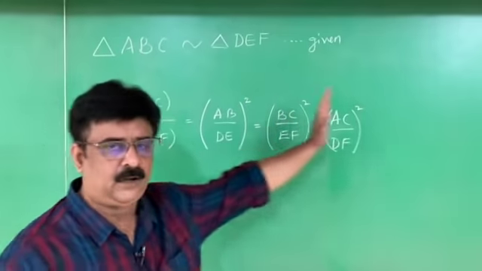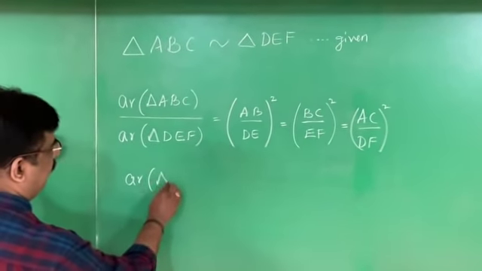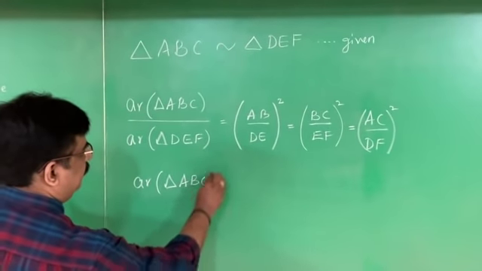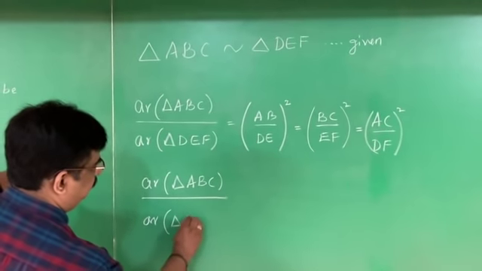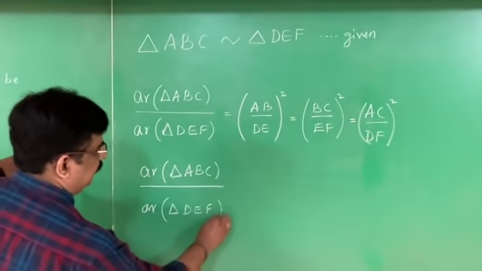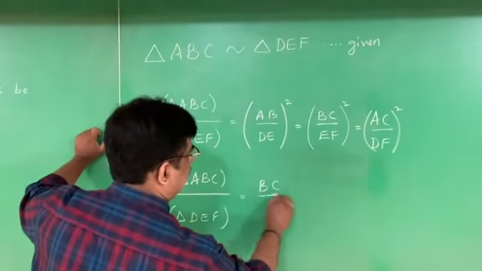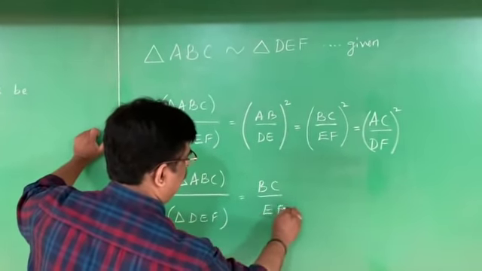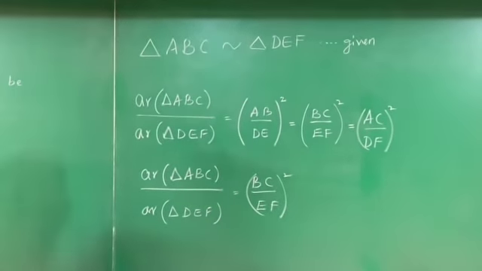There is no need to write all three. Now, area of triangle ABC by area of triangle DEF is equal to BC by EF whole square. See, the major part of the problem is over.